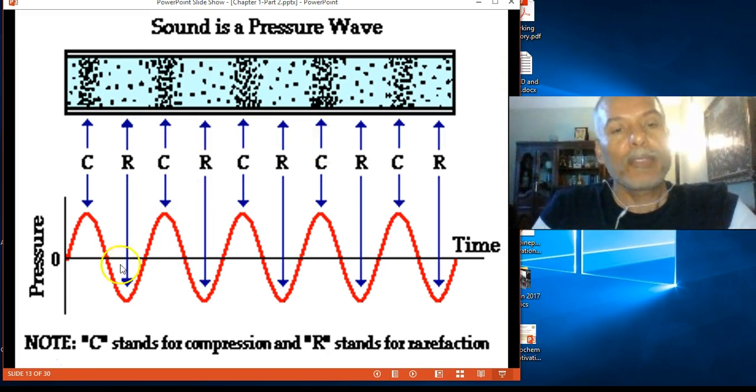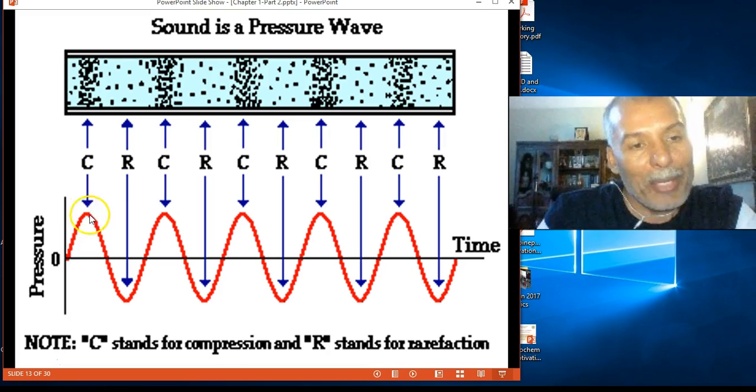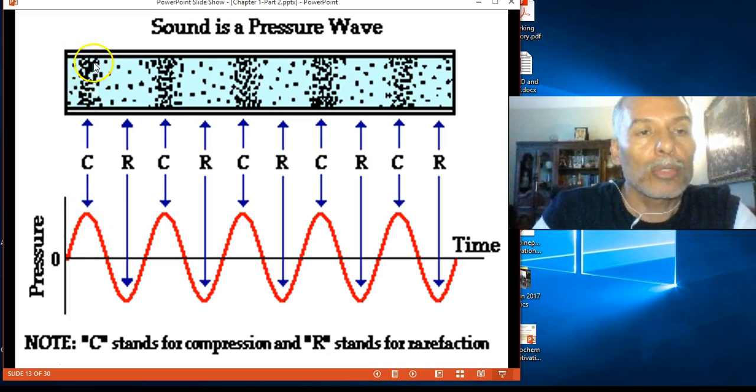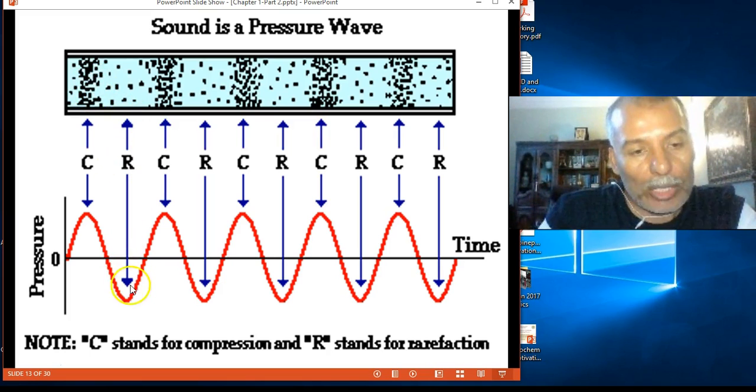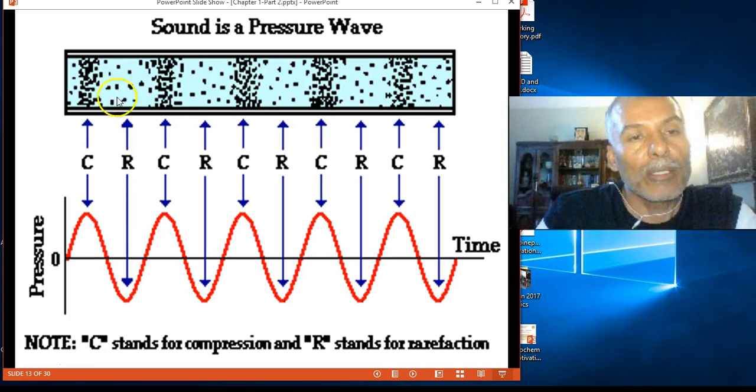As we look at the waves now, how they are oriented, the peak always stands for compression. There are more air molecules compressed together. And the trough always stands for rarefaction, meaning fewer air molecules.